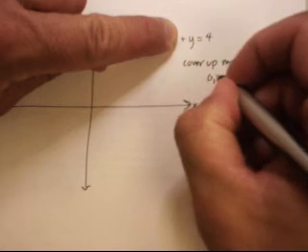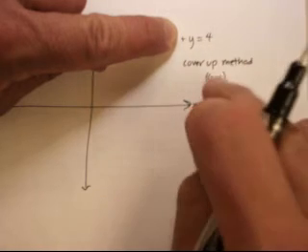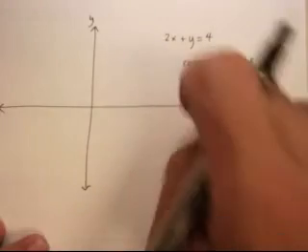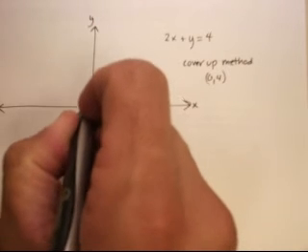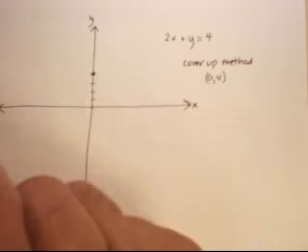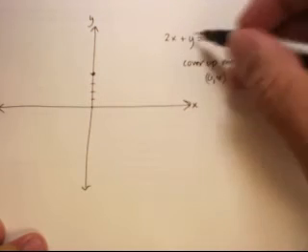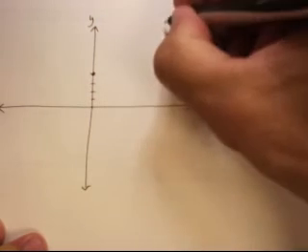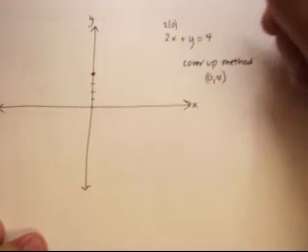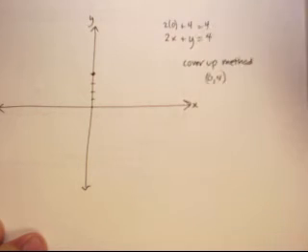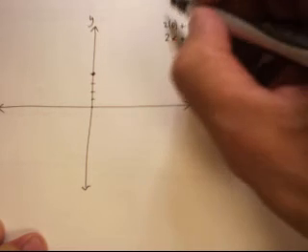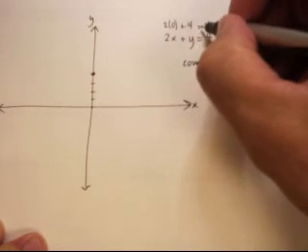So 0, 4 would be a point on this line. So let's go 0 along the x, 1, 2, 3, 4 along the y. Let's plug those numbers in and see if it works. 2 times 0 plus the y we said is 4 is equal to 4. Does that work? Absolutely, because 2 times 0 is 0, 4 plus 0 is 4.